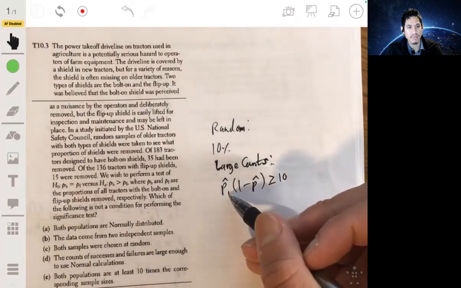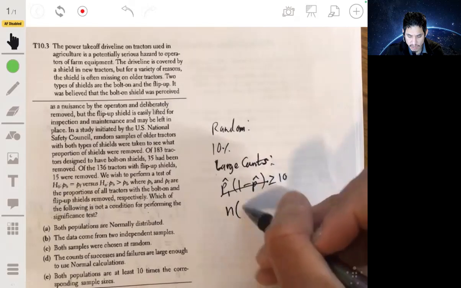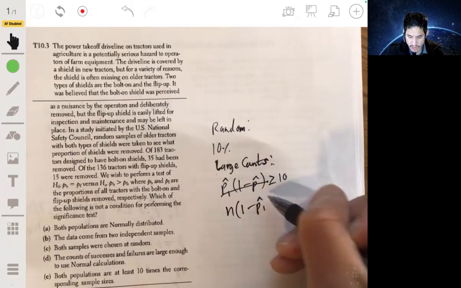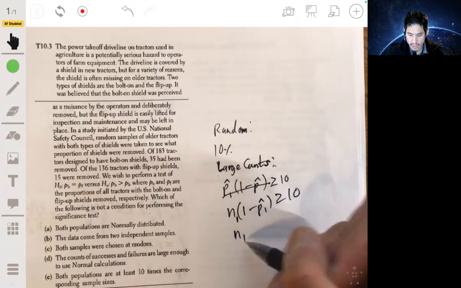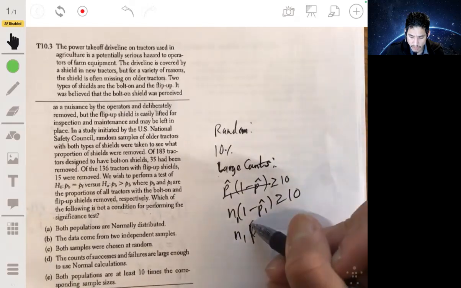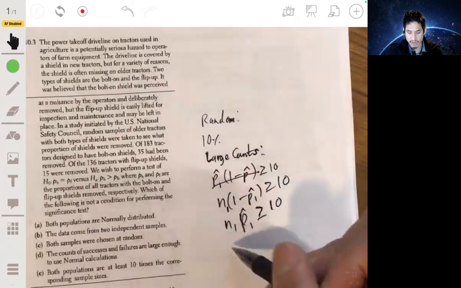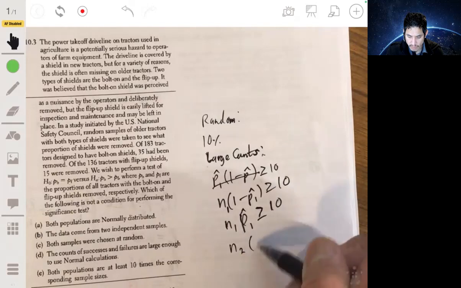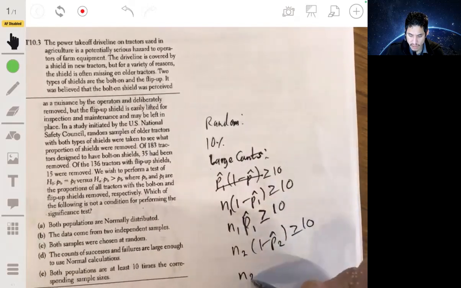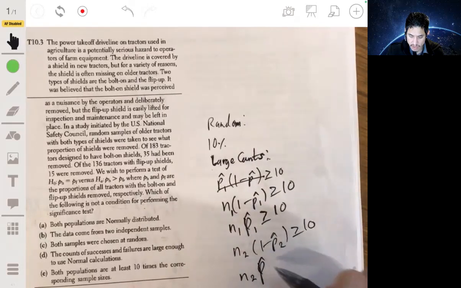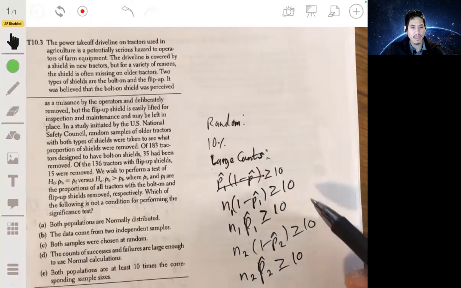So N1 times 1 minus P1 hat is at least 10, and N1 times P1 hat is at least 10, and the second one is N2 times 1 minus P2 hat is at least 10, and N2 times P2 hat is at least 10.